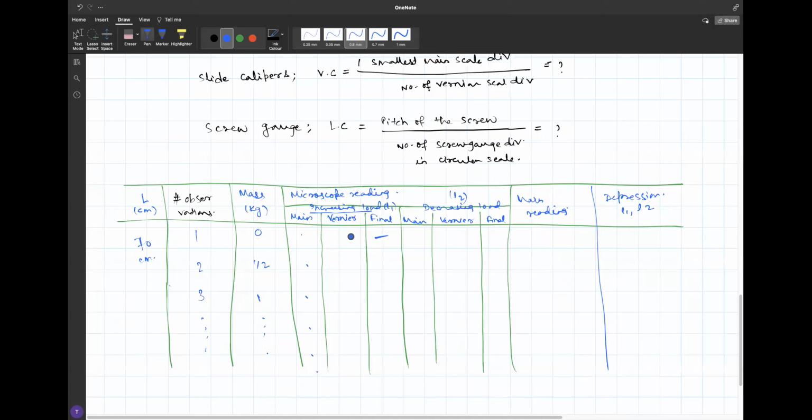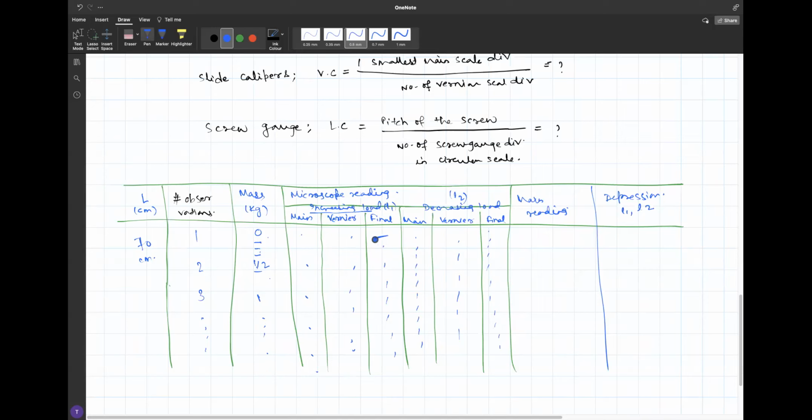So all this reading, and then you go from 0 to half. Then you can also go back, not just increasing, but you can also go back. So maybe when you go from 0 to half, I don't know in what steps you can go in the lab, because I have to watch the video again.